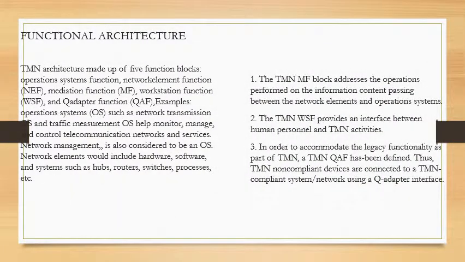TMN architecture is made up of five function blocks: operation system function, network element function, mediation function, workstation function, and Q adapter function. Examples: operation systems such as network transmission and OS traffic measurements help monitor, manage, and control telecommunication networks and services.